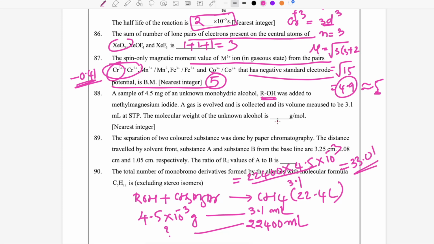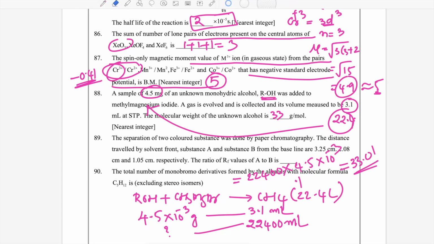So the answer for this question is 33. So 4.5 milligrams is giving 3.1, so 1 mole, that is 22.4 liters, will give how much? We can just cross multiply to do it.